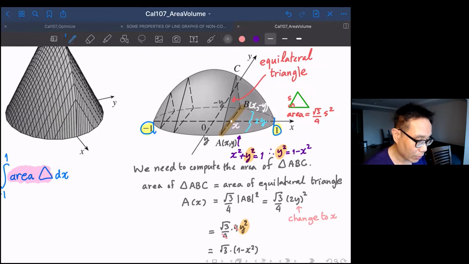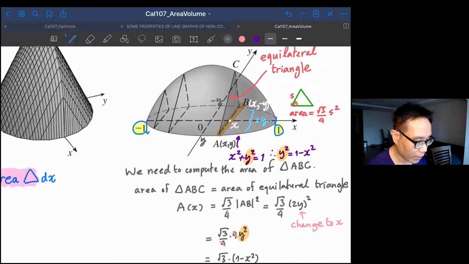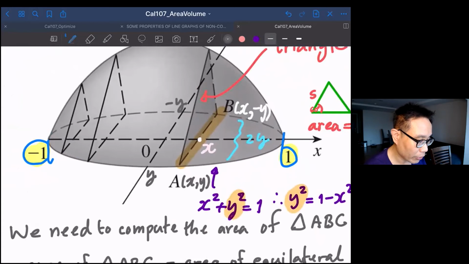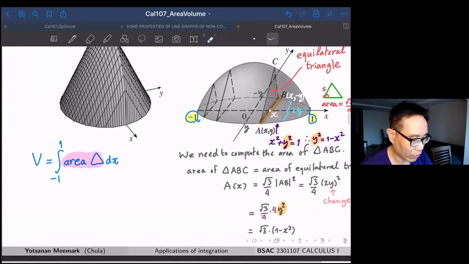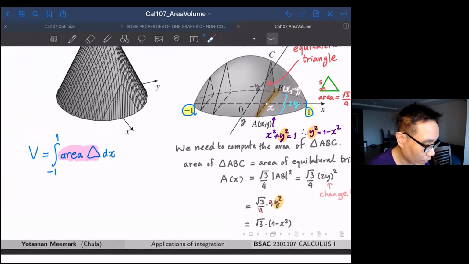You want the area of the cross-section at any x, so you measure the length of AB, which is 2y. You get root 3 over 4 times 2y squared, and you change everything in terms of x, with y squared equal to 1 minus x squared. So you get root 3 times 1 minus x squared, which is the area of the cross-section A of x that you are looking for.